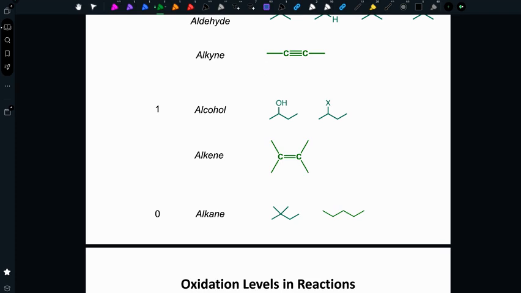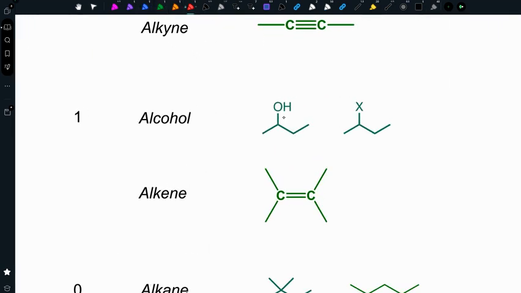If we look at level 1, those would typically be things like alcohols or alkyl halides. Notice if I'm counting number of bonds to more electronegative atoms, this carbon here has an oxidation level of 1 because it's got 1 bond to more electronegative atoms.